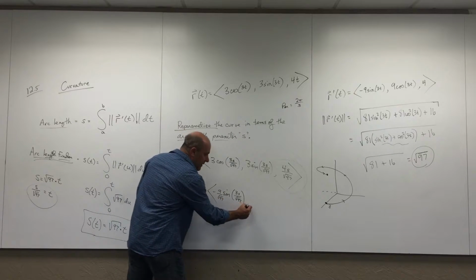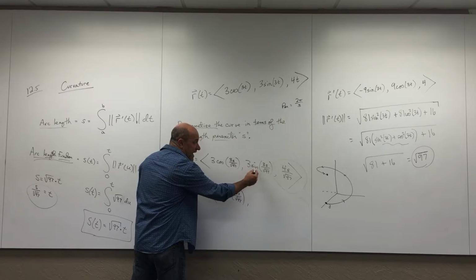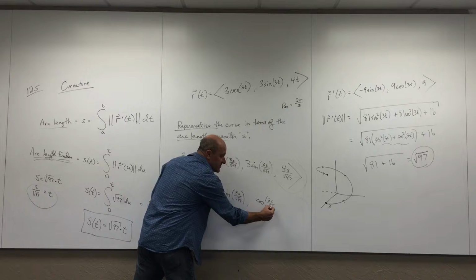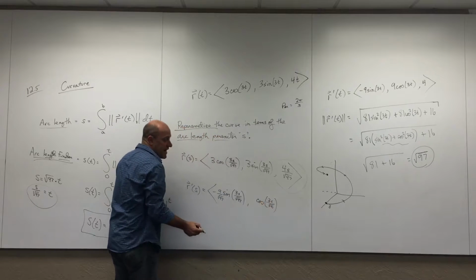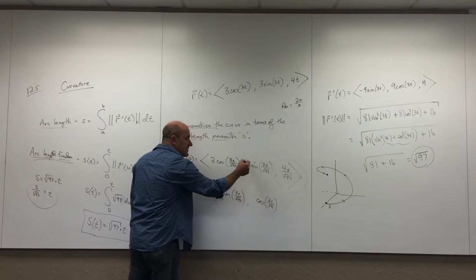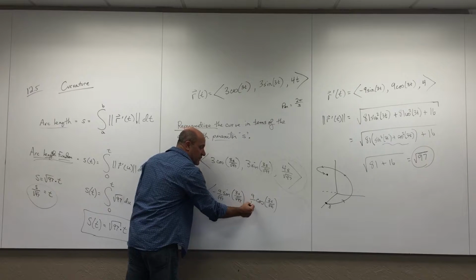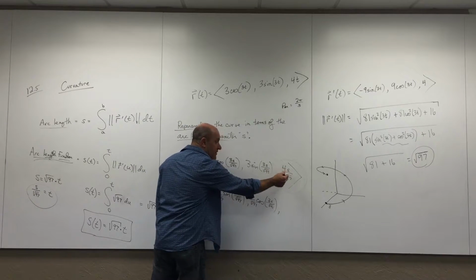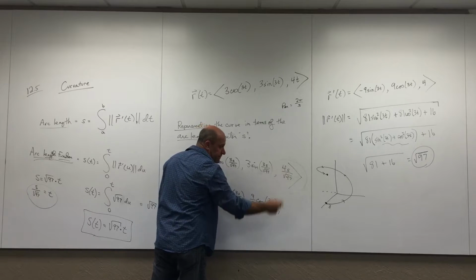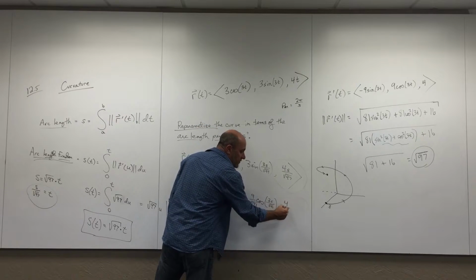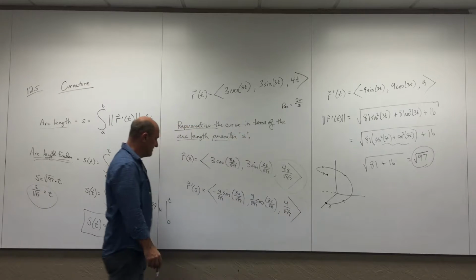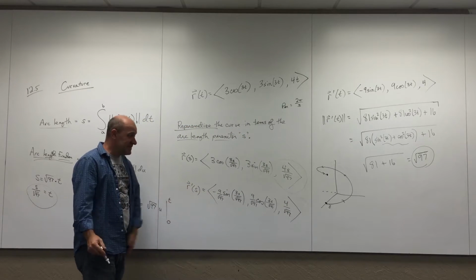When I take the derivative of sine, it's a cosine, but it's the same game. The chain rule is going to spit out 3 over the square root of 97 times that 3, so I get 9 over the square root of 97 out front here. Let's take that derivative with respect to s. It's 4 over the square root of 97. So that's my r prime of s.